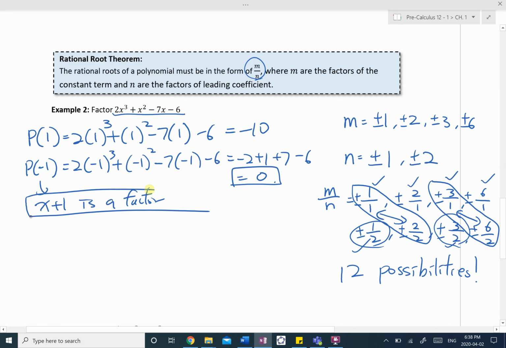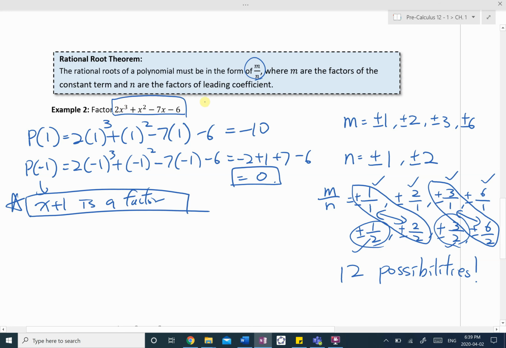Okay, so right away we found our very first factor. Now, if you look at this polynomial, how many factors do you think we will have? Well, because the highest exponent here is 3, there is a very good chance that there will be 3 factors.